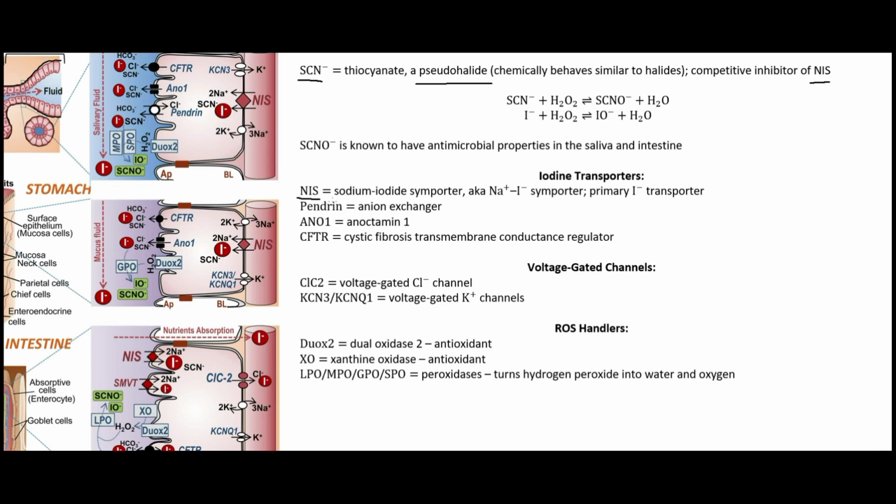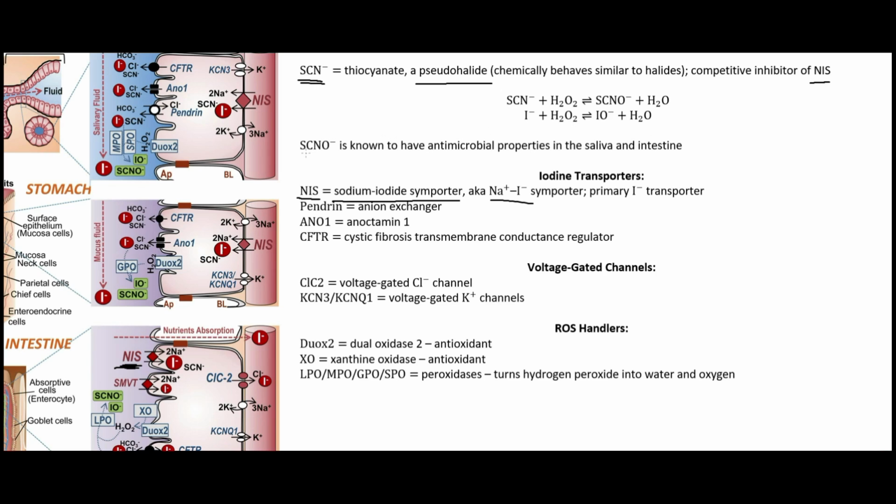That is the sodium-iodide symporter, which takes sodium and iodine in from the intestine. We can see that right here. So this thiocyanate can act as an inhibitor of that.